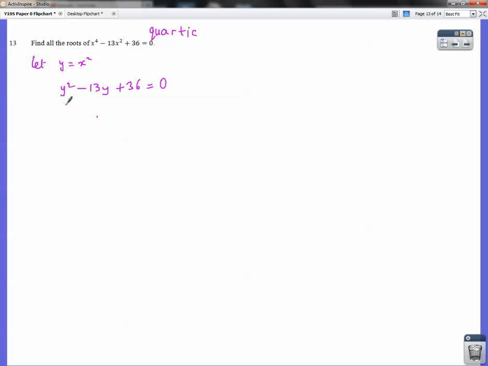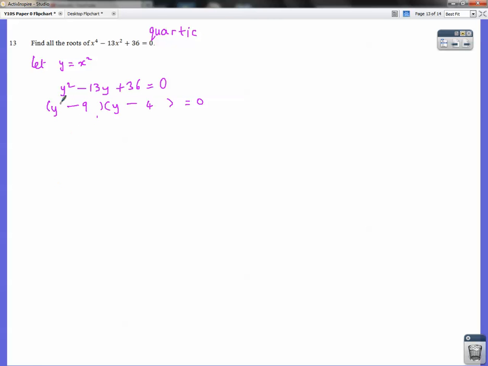So, how does this factorize? Well, it factorizes into two brackets, a y in each, and I'm going to use minus 9 and minus 4, because minus 9y minus 4y is minus 13y. Minus 9 times minus 4 is plus 36, so I get the number term correct, and y times y is y squared.